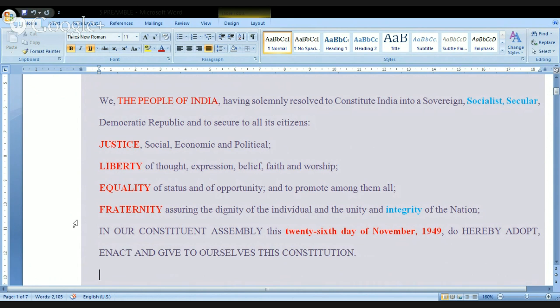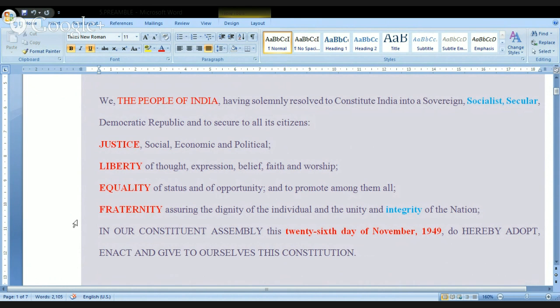Let us not take any risk. That's the reason writing in the sequence is important. Social, economic, and political. Next one is the liberty of thought, expression, belief, faith, and worship. We'll explain each and every one.